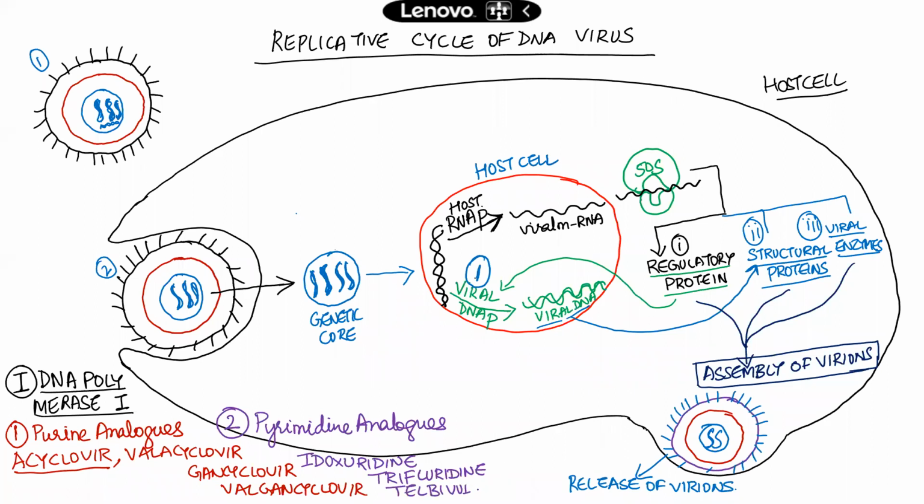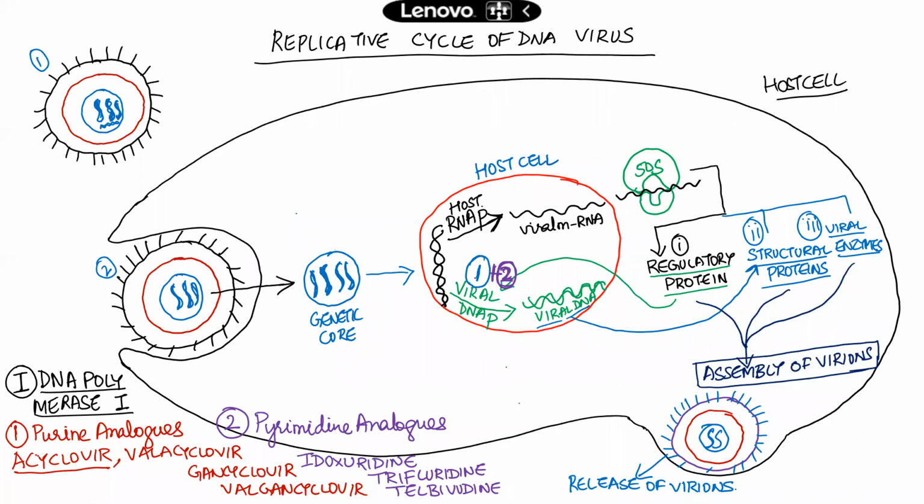I know these are tongue twisters, but take them as a challenge and learn them. It's fun. Since these are pyrimidine analogs, they also act at the level of the viral DNA polymerase again. So it's one thing less to remember: purine analogs and pyrimidine analogs act at the same level.